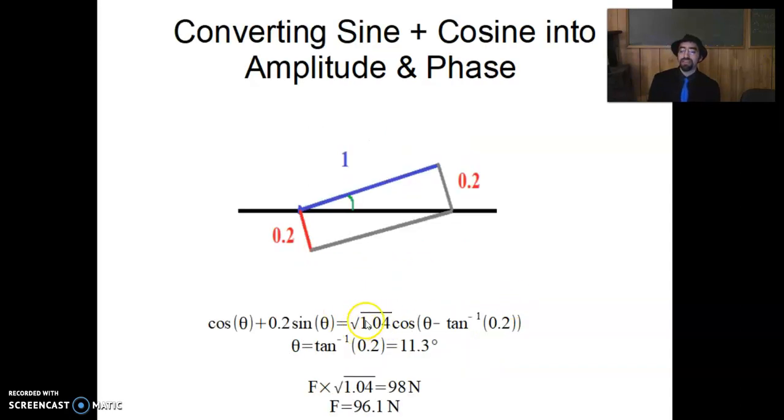It's maximized at the amplitude of the amplitude-phase form of the sum of the sine and the cosine. And so I just get force F times square root 1.04 equals 98 newtons. So the force equals 96.1 newtons. And that's how you can solve that problem without calculus.